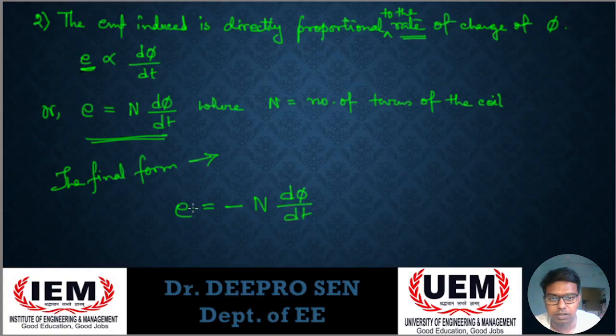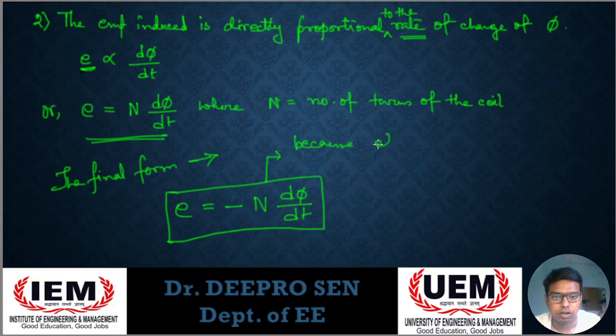Now there is this minus term coming into the picture because effect opposes the cause. Now it may seem a little Greek to you, but what do you mean by effect opposes the cause? It's simply the English version of जिस थाली में खाता है उसी में छेद करता है.